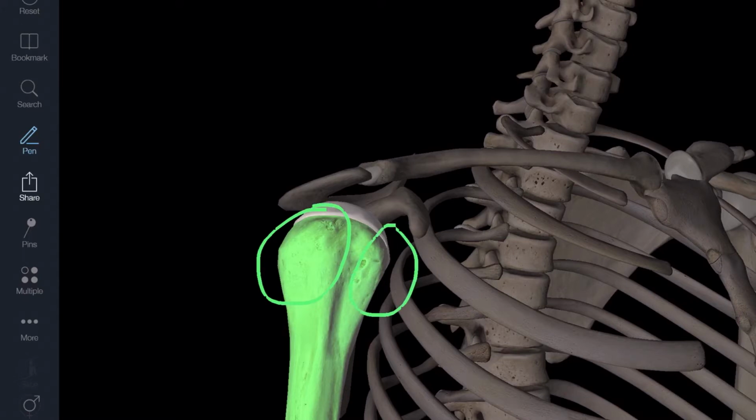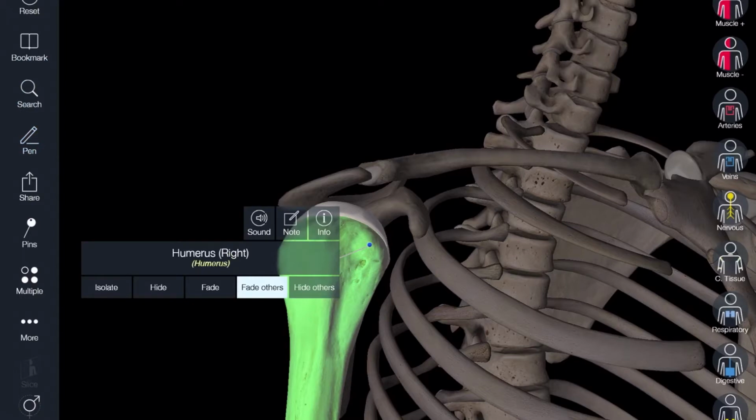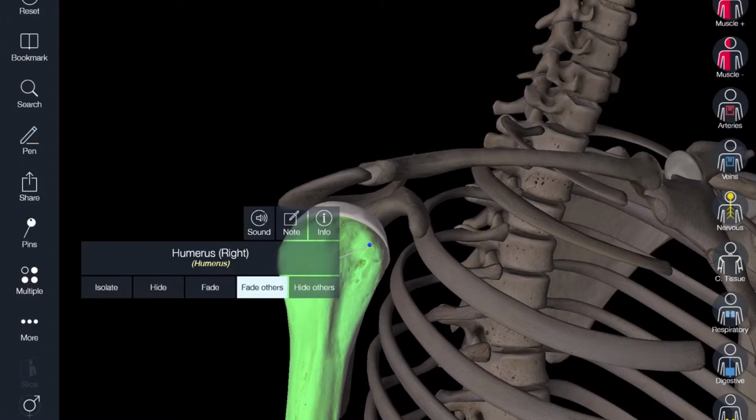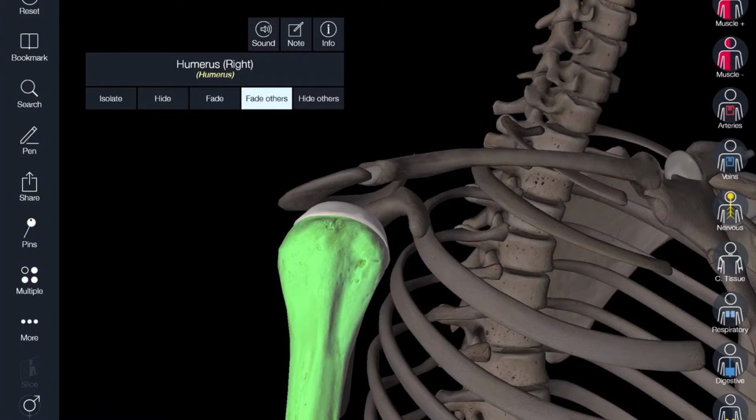And remember what goes in between them, right in through here, is the bicipital groove, also called the intertubercular groove. That groove actually is going to come into play with some of the muscles we're looking at today. Not the groove so much as the ridges on either side of it. Okay, so let's take a look at muscles.